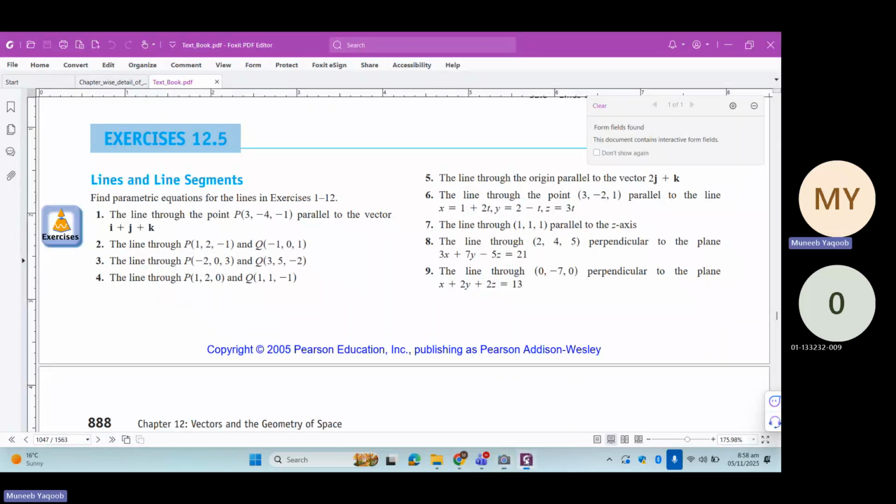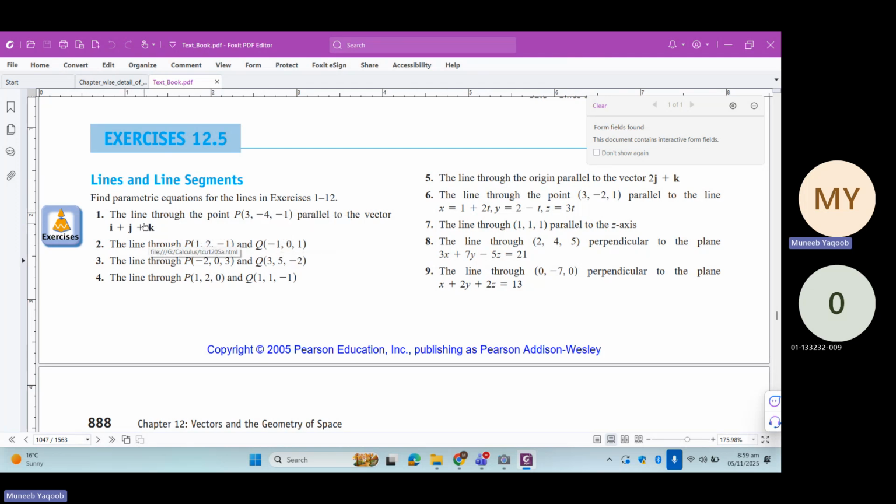Okay. Now let us just open our book, and you can see in exercise 12.5, they are saying find the parametric equation for the lines through question number 1 to 12. So what is happening there?